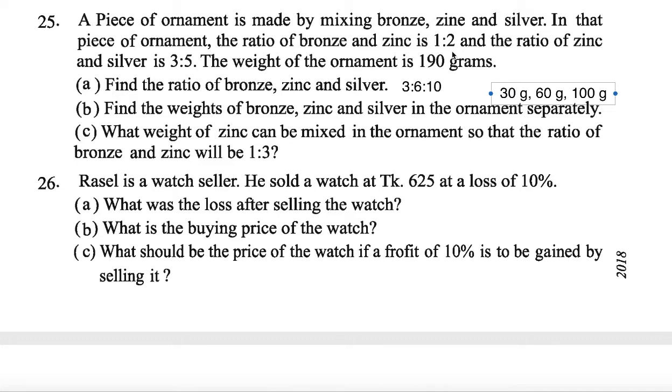That means you need to add zinc to make the ratio 1 is to 3. Let x grams be the zinc that must be added.